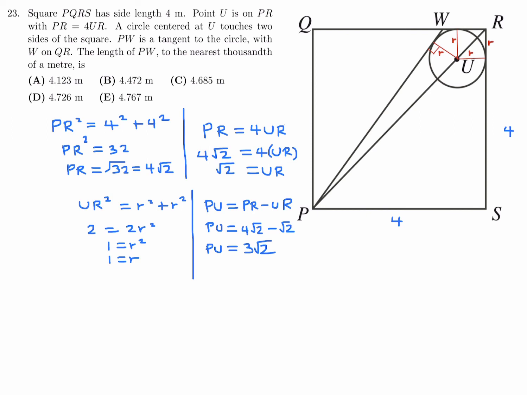Because it is tangent, we can figure out a Pythagorean relationship. Now this point right there, I'm going to label it T. So that means that PT squared plus TU squared is equal to PU squared.